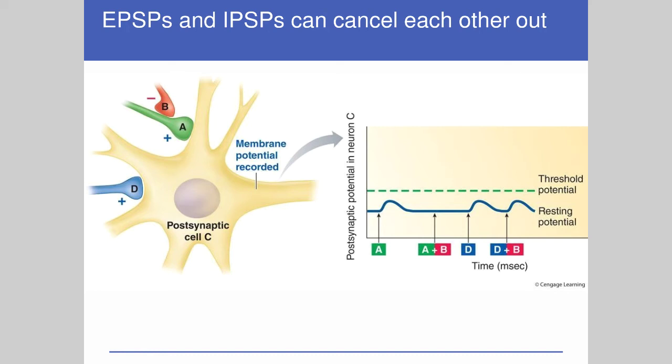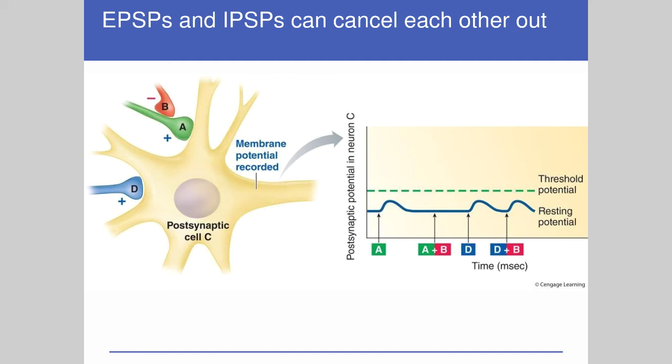So you can see our graph there is flat. It remains at resting potential. The postsynaptic cell remains at resting potential. If you're confused in that graph whether we're looking at the membrane potential of the postsynaptic cell or the presynaptic, read the y-axis. It says postsynaptic potential in neuron C. Okay. Look at D. D also produces an EPSP.